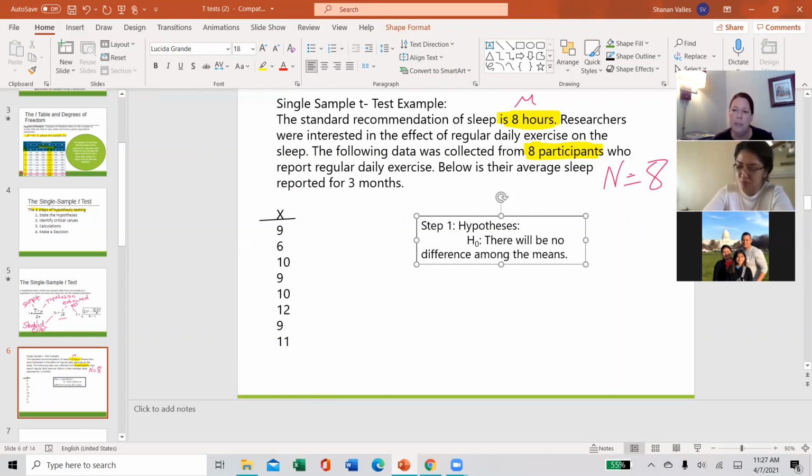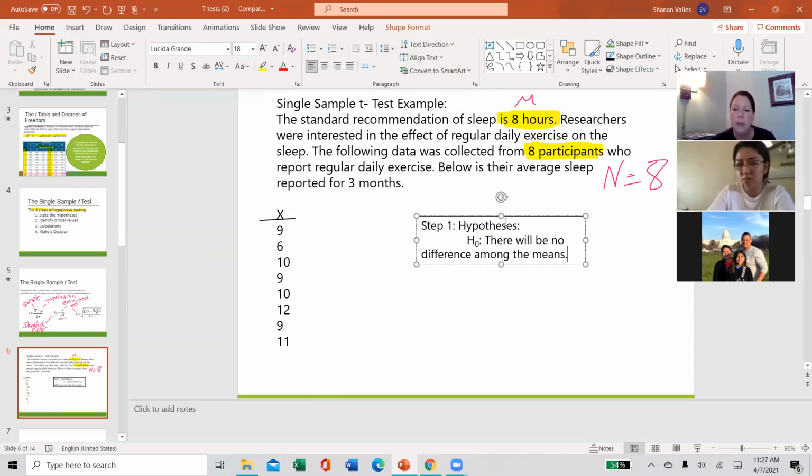I would give you credit for it, but I'm going to push you and I'm going to write off to the side, or I'll send you a little note and say, let's do more. Okay, let's push this a little bit further. All right. And so I like to start it off with just there will be no difference among the means. And then from there, we can expand and we can add detail.